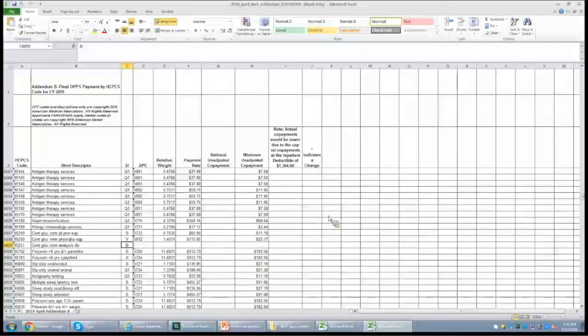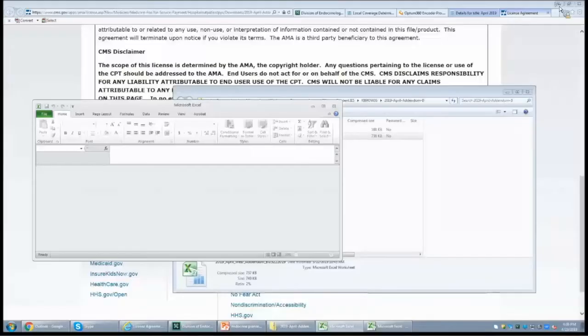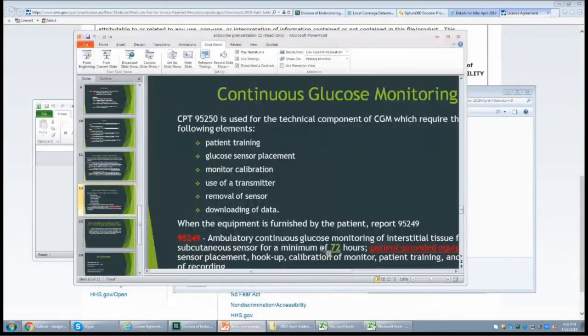So for the 51, there's no reimbursement there because it should be reported by a physician. If you go to the Medicare physician fee schedule, you'll see a payment for that one, but for the physician. So this is all technical driven, hospital driven here. Does that make any sense?